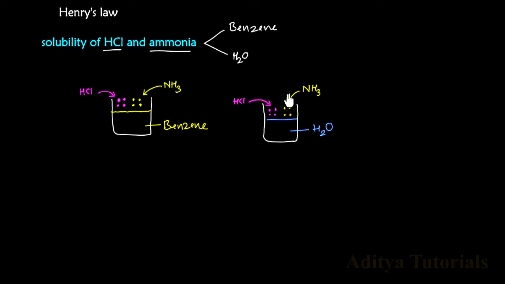Okay, now we will see some observations here. In this, both gas molecules, HCl and ammonia, are sparingly soluble in benzene. Both gases are sparingly soluble, meaning a very small amount of the HCl and ammonia molecules are soluble in benzene.